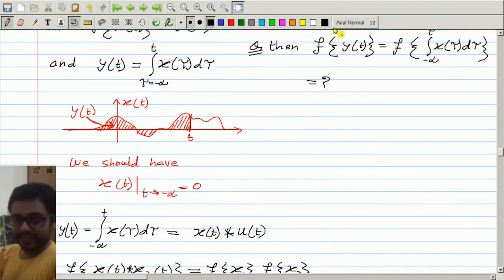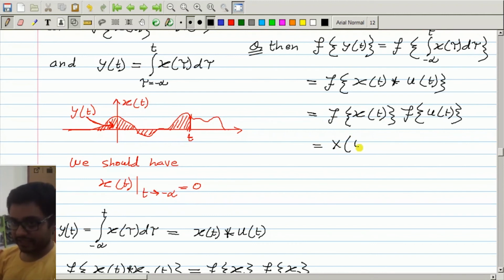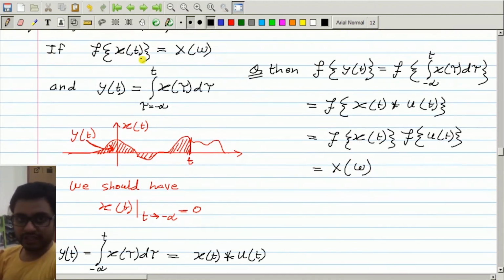If that is the case, then here Fourier transform of y is basically the Fourier transform of x convolved with u unit step, which is same as the Fourier transform of x multiplied with the Fourier transform of u. Fourier transform of x is capital X. It is given in the question.